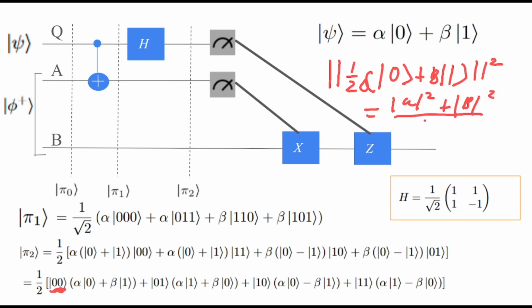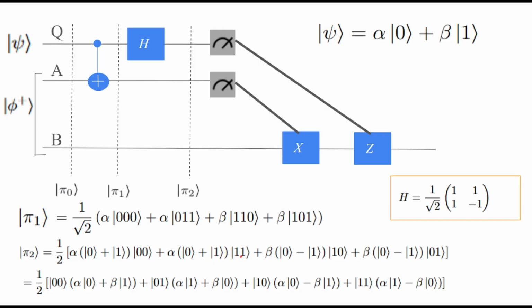These are complex numbers, and we know a squared plus b squared is 1 because by definition of a quantum vector state, they have to equal 1. We're given that ket psi is equal to alpha ket 0 plus beta ket 1, meaning that has to be 1, which equals 1/4. So there's a 1/4 outcome of qubits Q and A measuring to be 0,0.